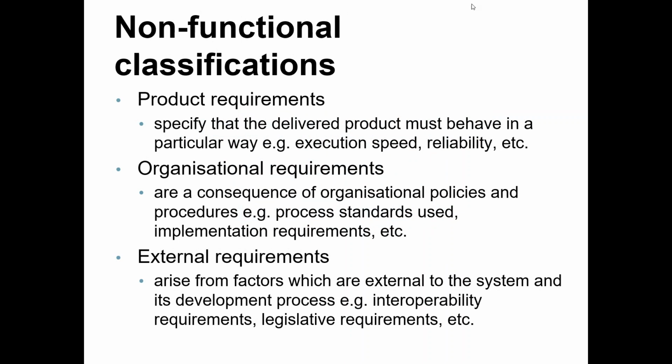The product requirements speak to the software itself, or restrictions or specifications about the software that cannot change. It specifies the way that the delivered product must behave. We mentioned this last week in terms of speed and reliability. It could be the operating system, it could be a number of things, but these are specific to the software.